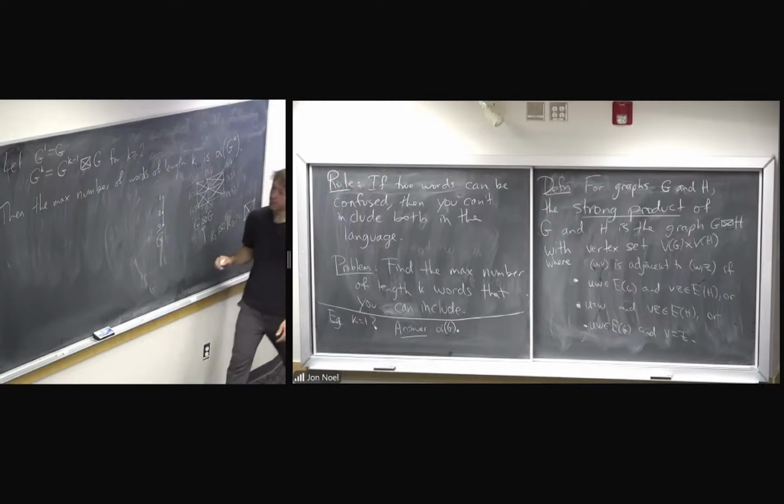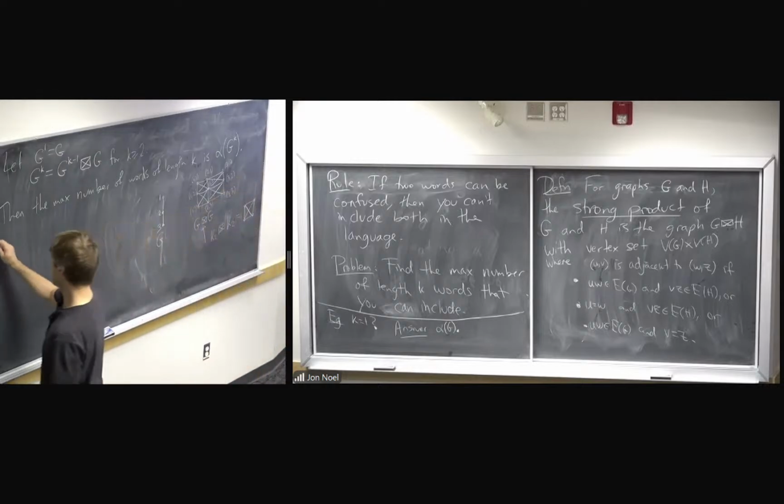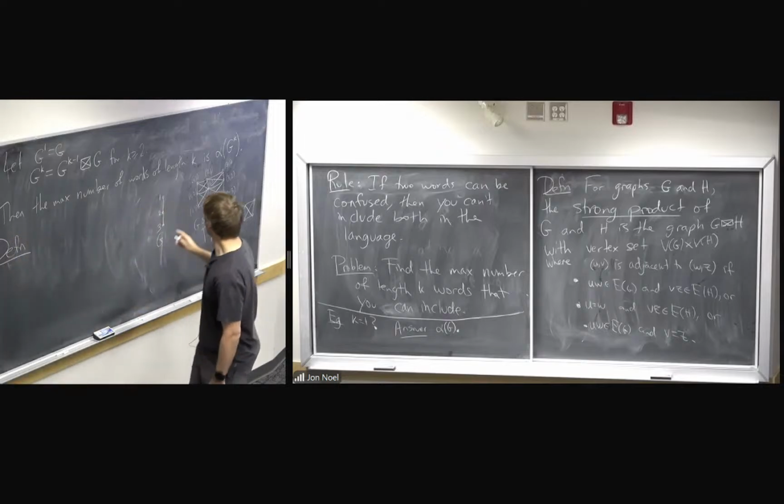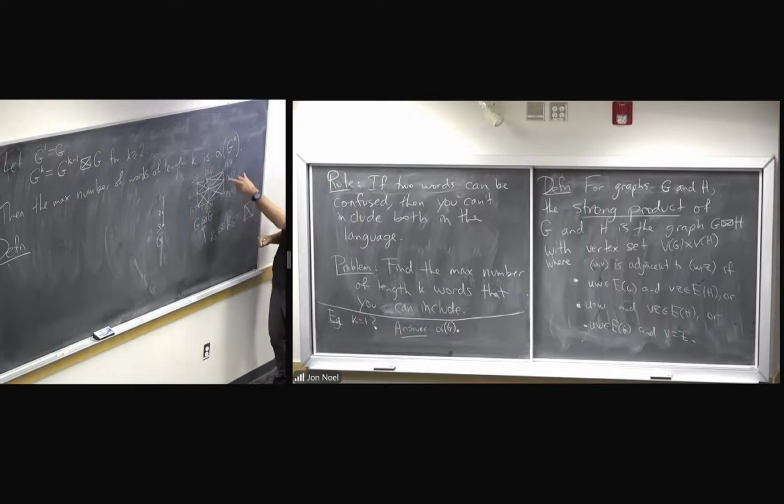Okay, so let me now define something called the Shannon capacity. We're interested in the independence number of G to the K. But let's make this into an asymptotic problem where we're interested in K going to infinity.